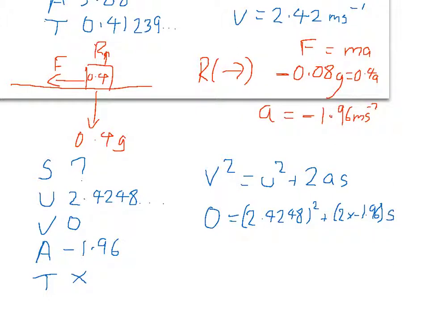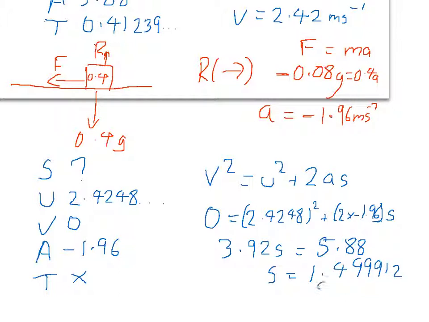If you rearrange this and add it across, you're going to have 3.92 times the distance equals 5.88. Solve that and you'll get 1.49912, which you can take as being 1.5 metres.